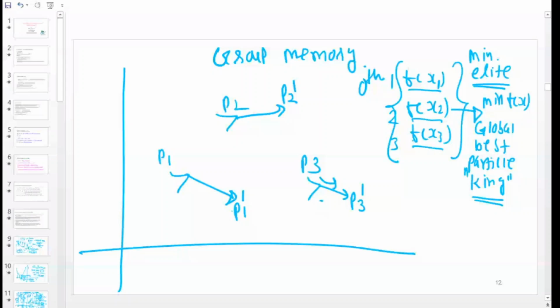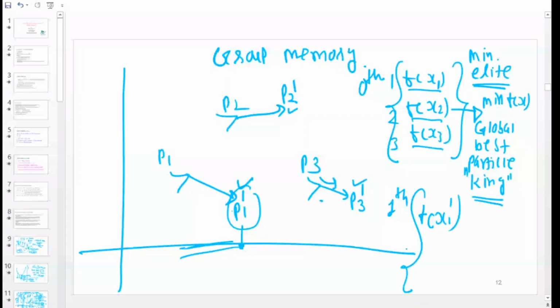Now, in the first iteration, using some rules, these are the updated positions of each particle, and corresponding to each particle's x position, we will obtain the f of x: f of x1 at the end of first iteration, f of x2, f of x3, for particles 1, 2 and 3.